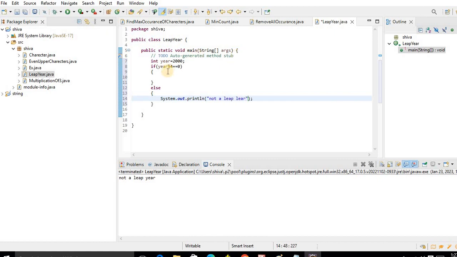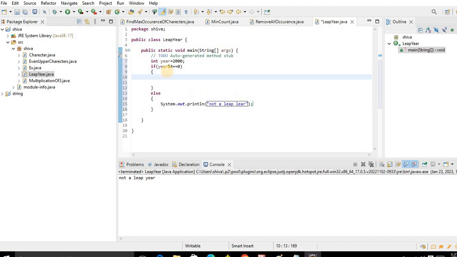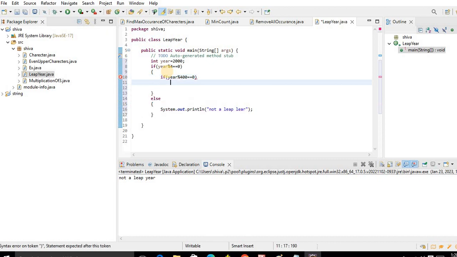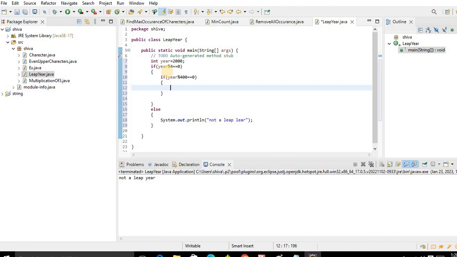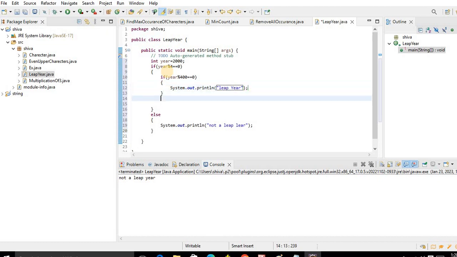Next, inside that if, since it is divisible by 4, check the condition: if the year is perfectly divisible by 400, then it's a leap year.